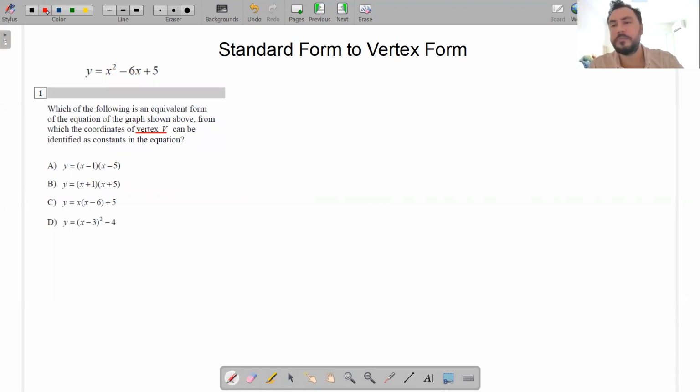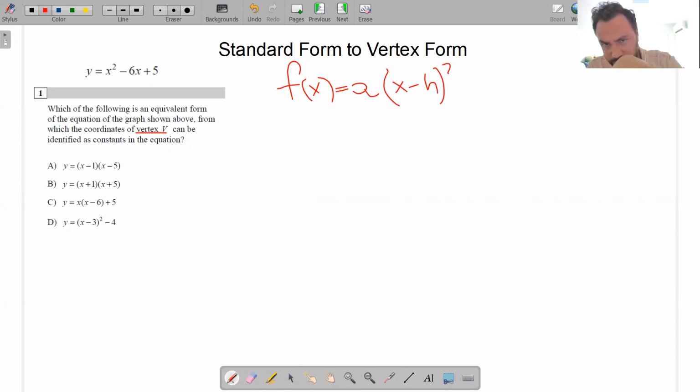First of all, we need to remember how the vertex form looks: f of x equals a times x minus h to the power 2 plus k. So out of this formula, what we need to find are my vertex coordinates h and k.